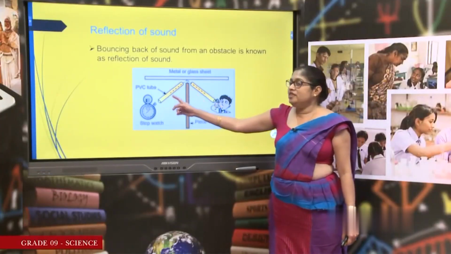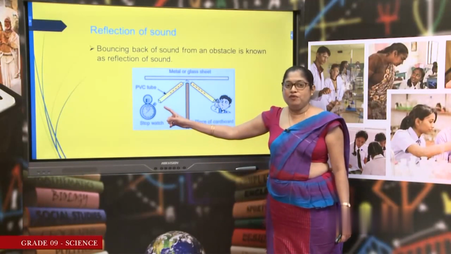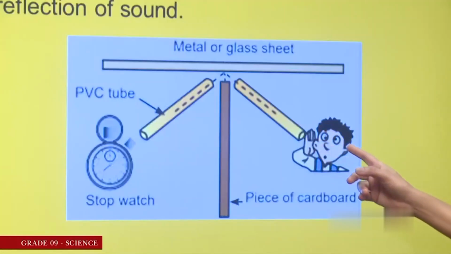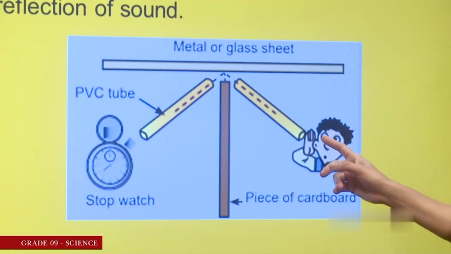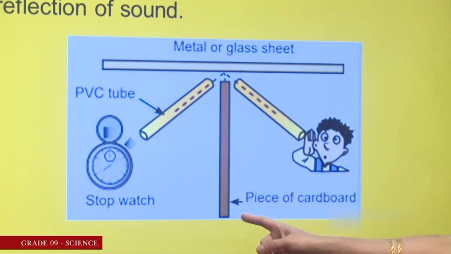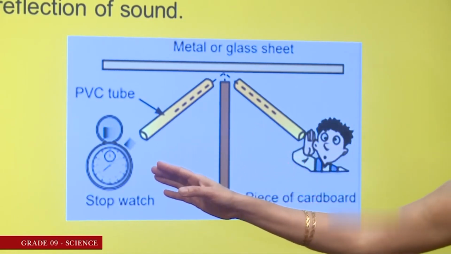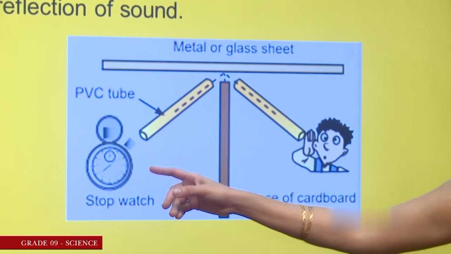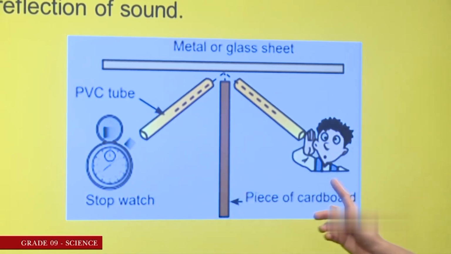At the end of this hollow tube, a stopwatch is kept which gives a tick sound, and at the end of the other hollow tube, the listener keeps his ear. In between these two hollow tubes, a piece of cardboard is kept. That is in order to prevent the sound of the tick from this watch reaching the listener directly.